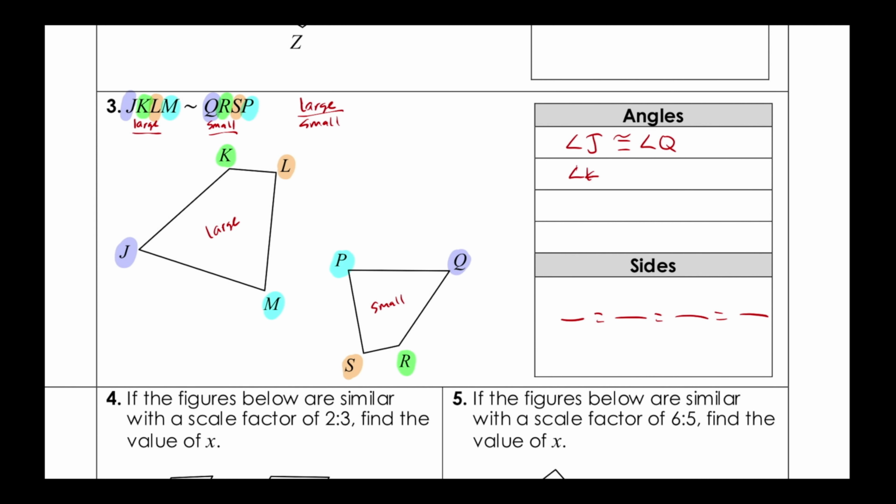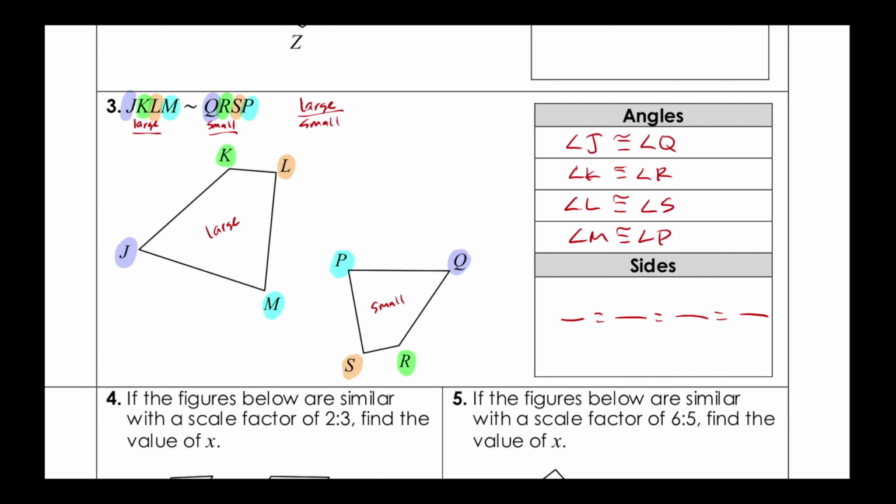Angle K, which is the green one, is congruent to angle R, which is the other green one. We're just matching up the pieces of the two figures. Angle L is congruent to angle S, because they're both orange. They're both third in the list. And then angle M is congruent to angle P.